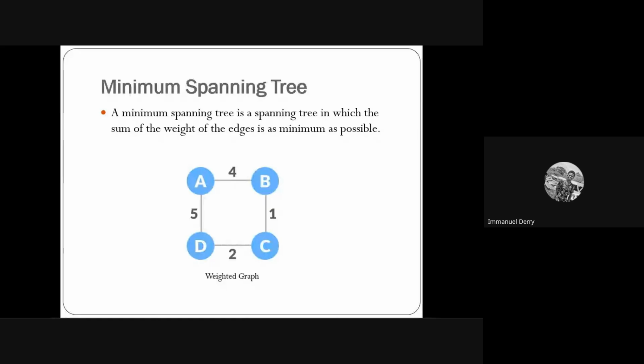Do you have to draw all the spanning trees and find the weight? No. Elliot, you look for the... Yes, sir.